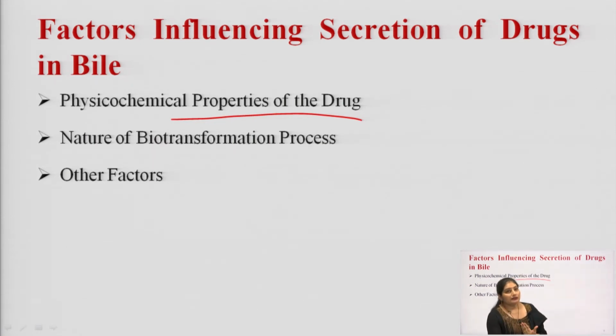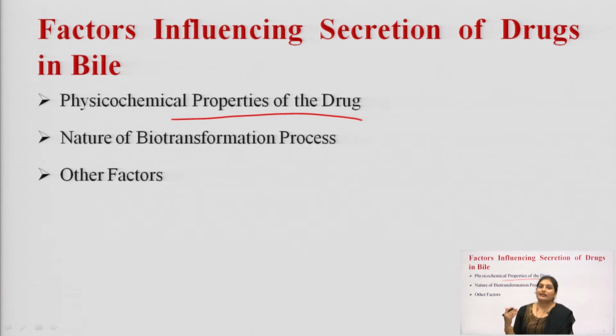Biliary excretion also depends on the molecular weight. A threshold of 300 Dalton or greater than 300 Dalton is necessary for organic cations and organic anions respectively. We can say there is some influence of molecular weight on biliary excretion.